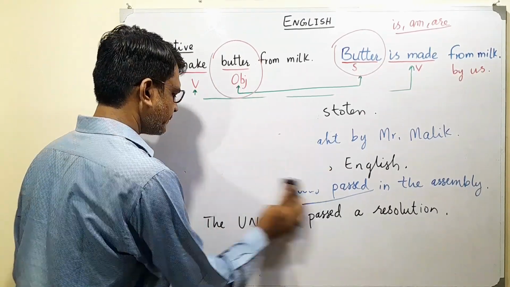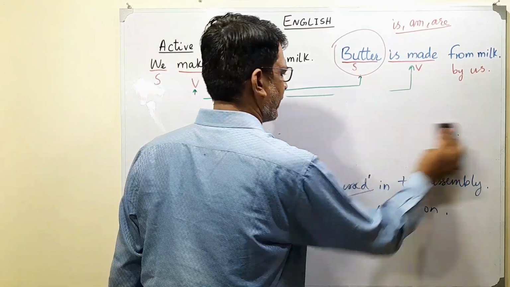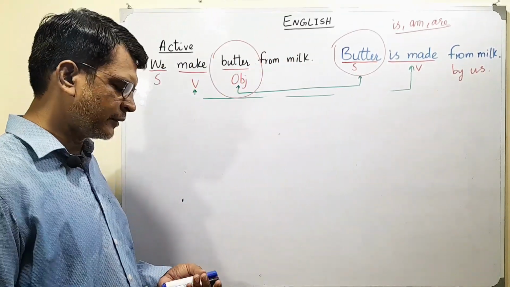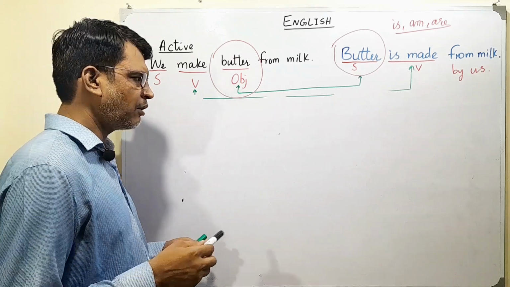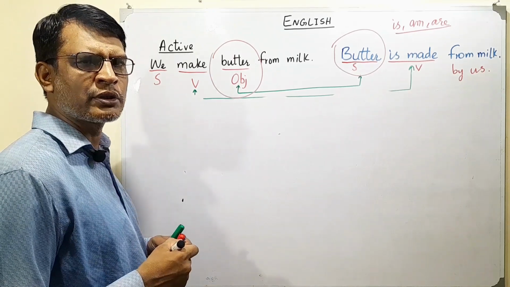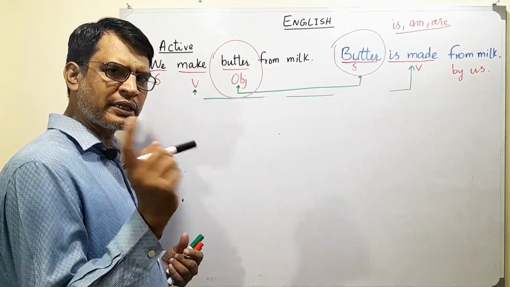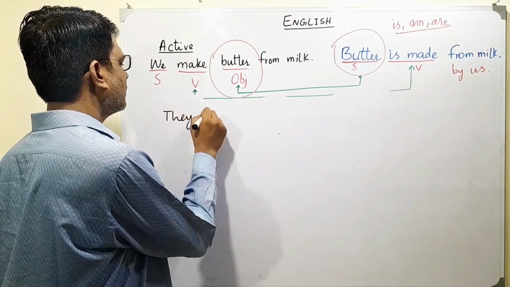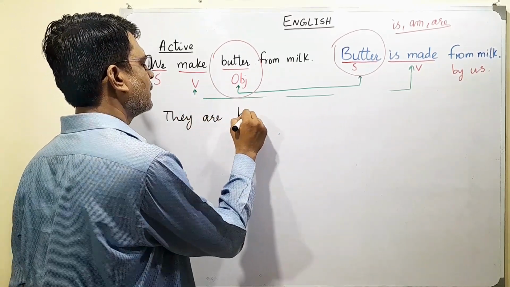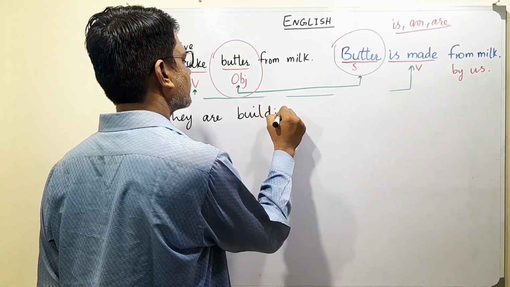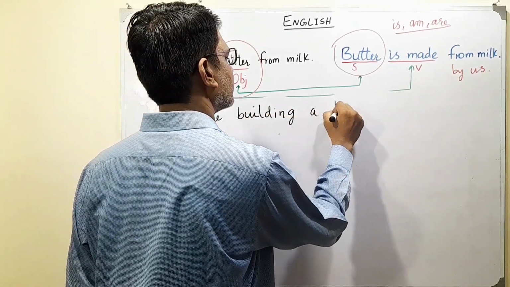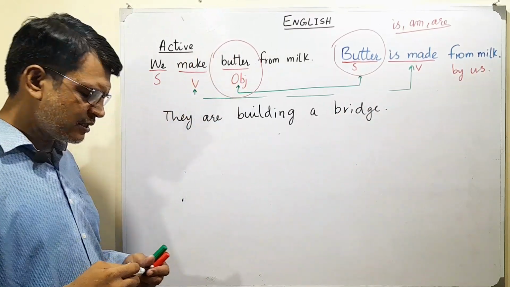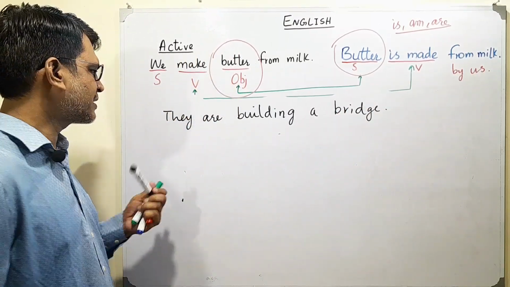Or like in the third case, when there is some process. I'll come to that process as well. Let me just give you an example of how we use passive in a continuous sentence. For example, we say that they are building a bridge. Now, this is a sentence in present continuous tense.